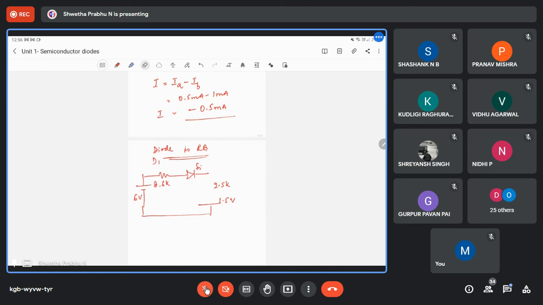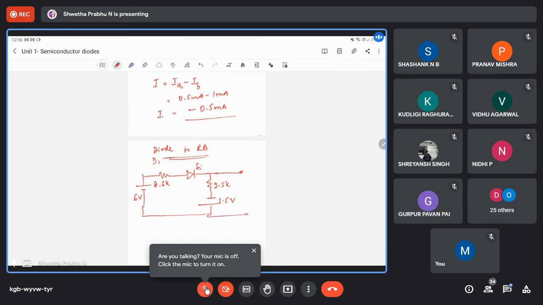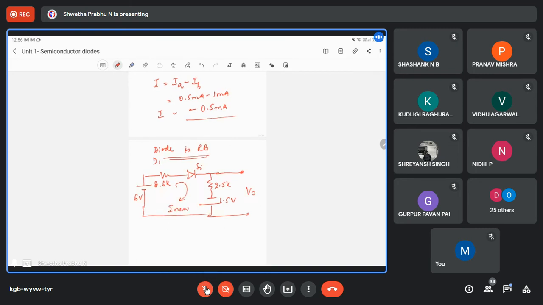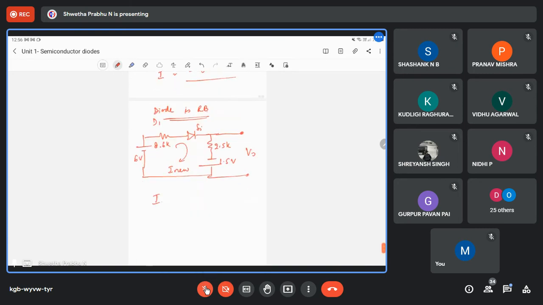And then you find the output voltage. Before finding the output voltage, you have to find the new value of current. We made the diode open. Find the new value of current.